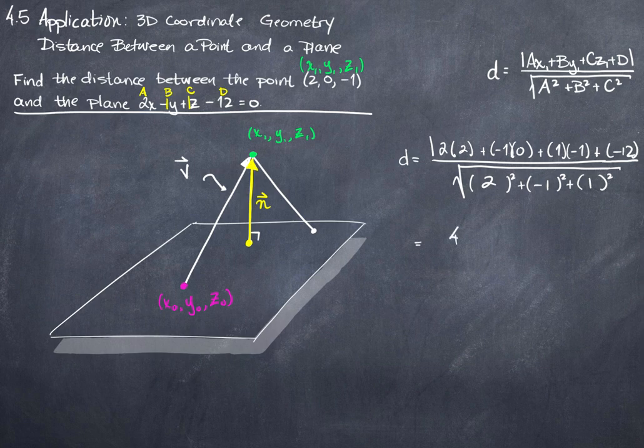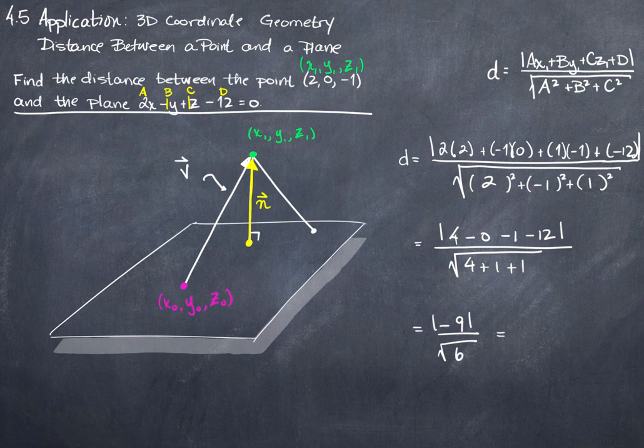I forgot to close my absolute value bars on the numerator there. 4 minus 0 minus 1 minus 12, the absolute value of that, all over the square root of 4 plus 1 plus 1. 4 minus 13 is negative 9, absolute value, over the square root of 6.